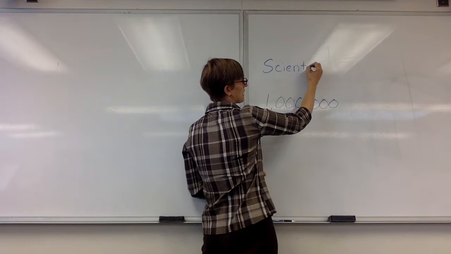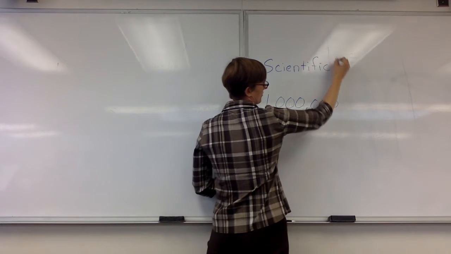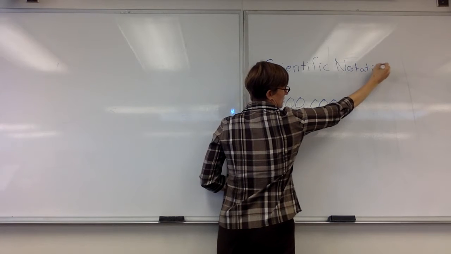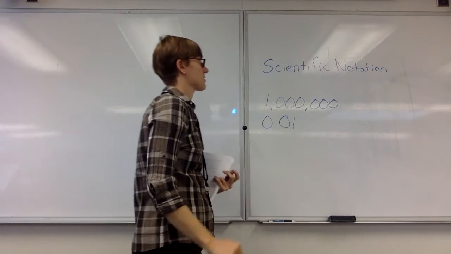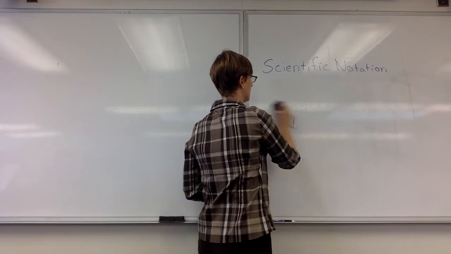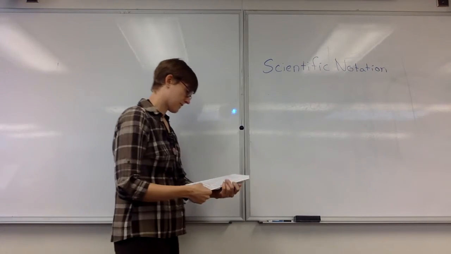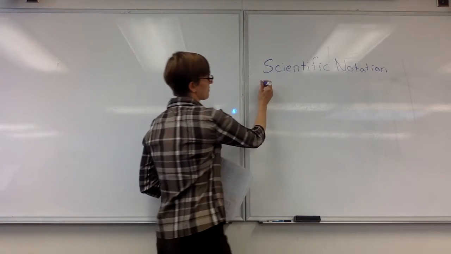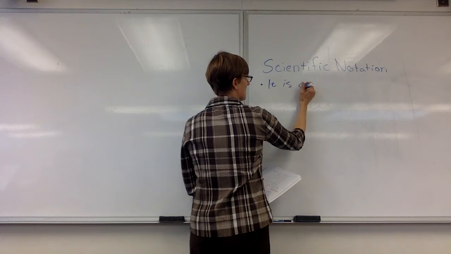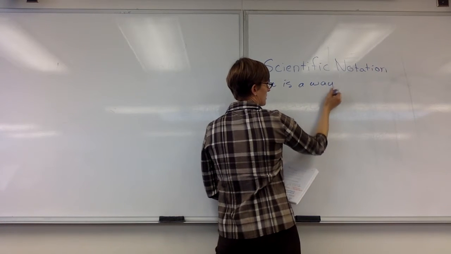So make sure that you label a section of your notebook, scientific notation. Make sure you put the correct page number corresponding to where you're going to take these notes. Okay, so what scientific notation is, it is a way to write really big and really small numbers.